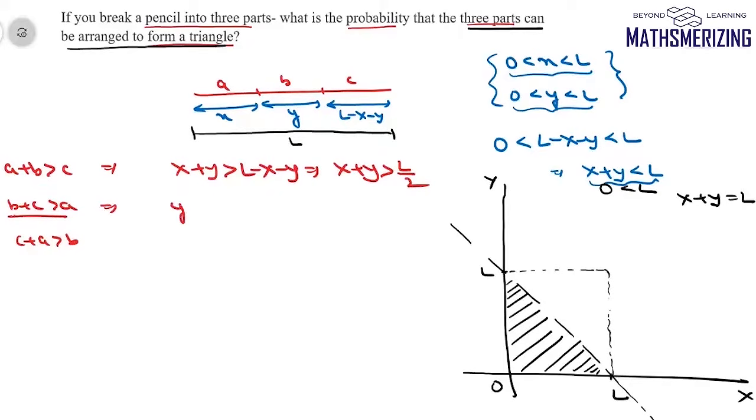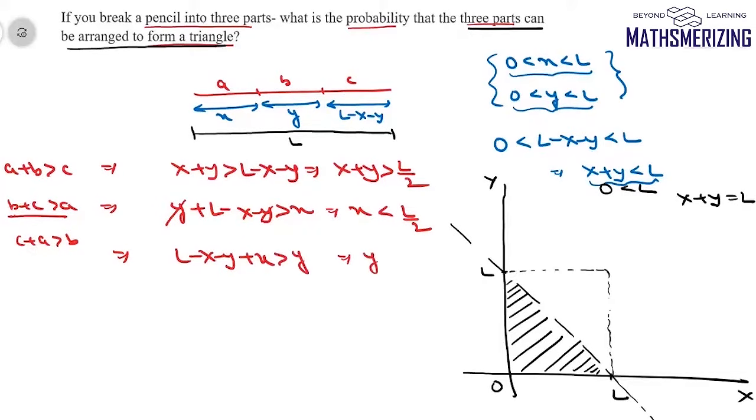B is Y, and this is plus L minus X minus Y. It should be greater than X. So here Y will cancel, and I'll get X should be less than L by 2. And from the third one, C plus A, C is L minus X minus Y plus X, and it should be greater than Y. So here I'll get Y should be less than L by 2.